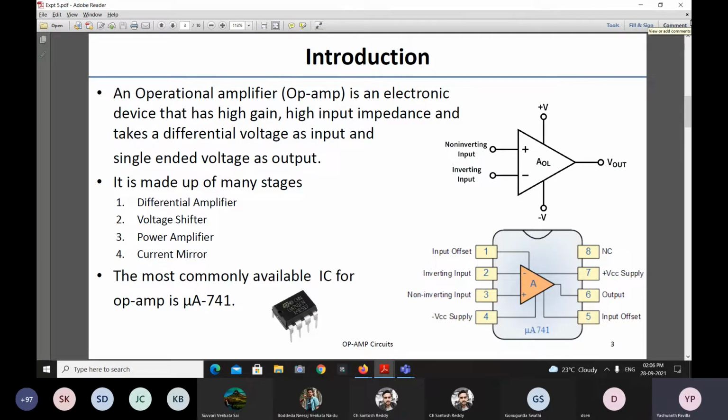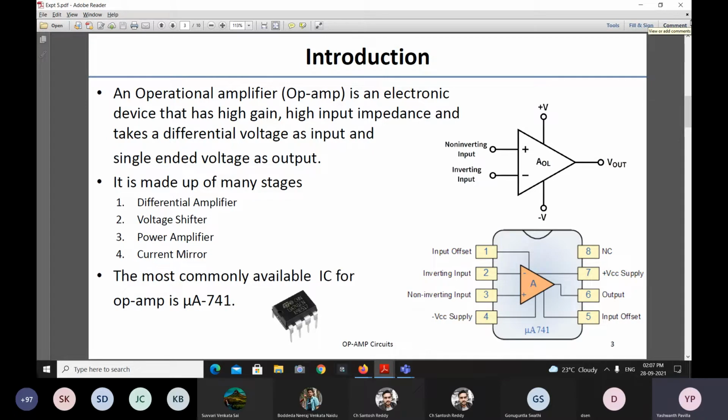So an operational amplifier has very high gain and high input impedance, and the main property that distinguishes it from a general transistor is that the type of input it takes is a differential input, meaning that it has two inputs. One is a positive terminal and the other a negative terminal, and the difference between these two inputs is processed through a particular set of functions, and ultimately it gives us a single-ended output. So the output will be one, but the inputs will be two, right?